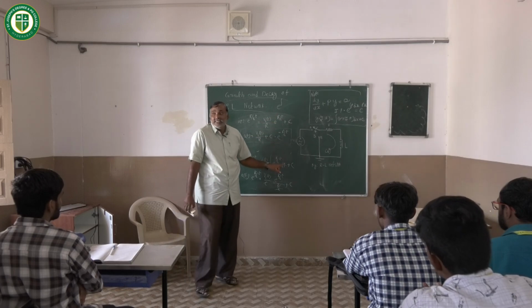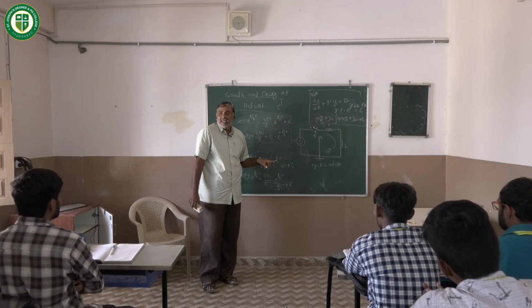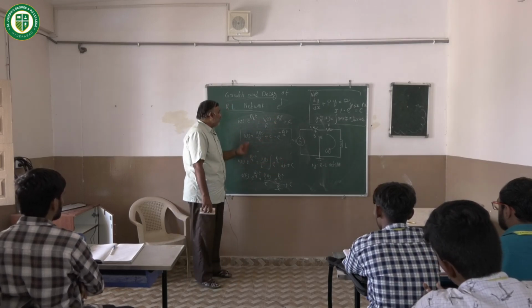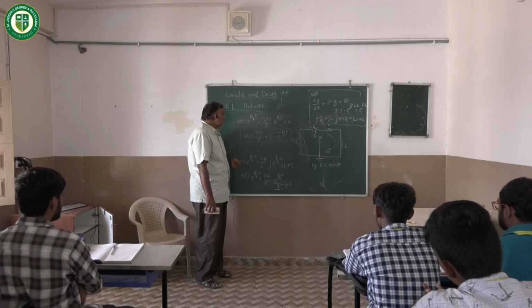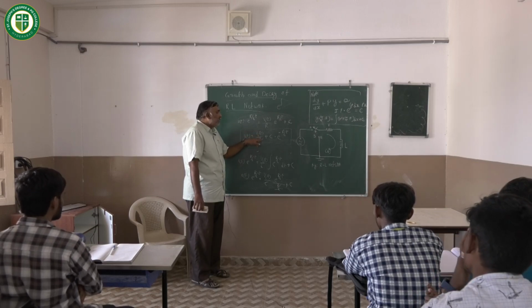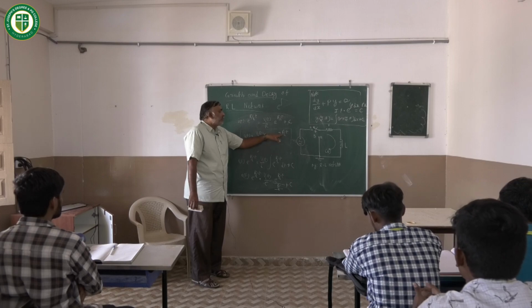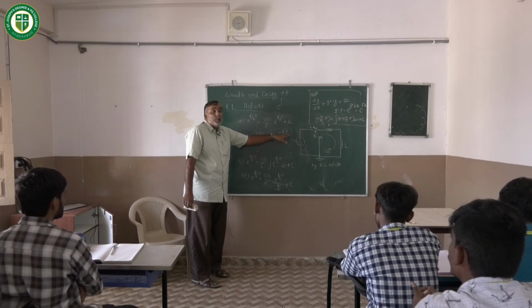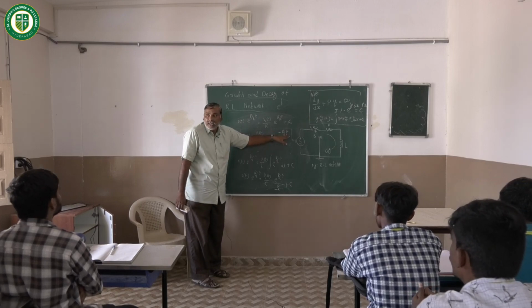If I do the simplification, I arrive at an equation: i of t equals Vi of t by R plus C into e power minus R by L into t.